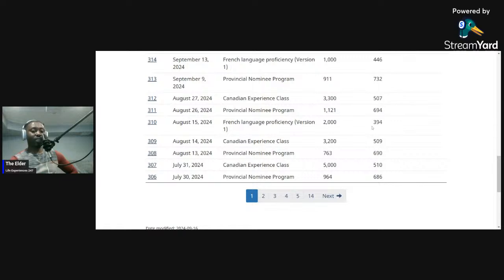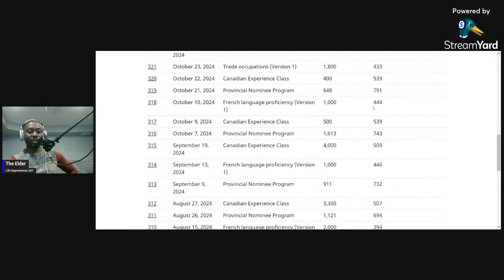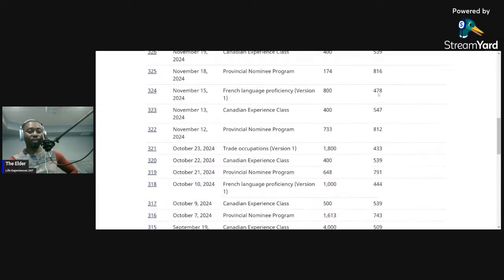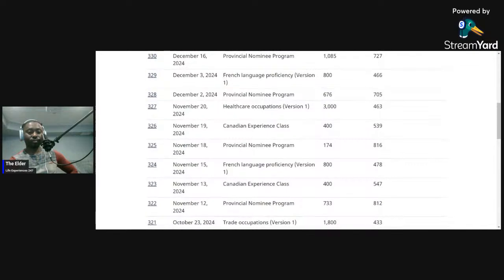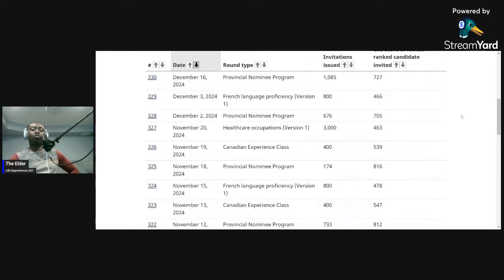French here is 394, and then it kept increasing to 446, 444, 478, 466. One reason why the points will be fluctuating like this is whenever they have the draw, they have a minimum mark. Like here, for instance, on December 3rd, 2024, when they had a draw in the French language proficiency category and had 466 points.